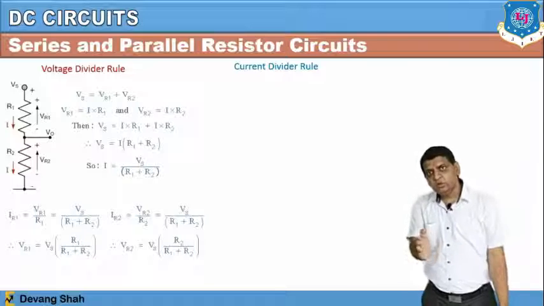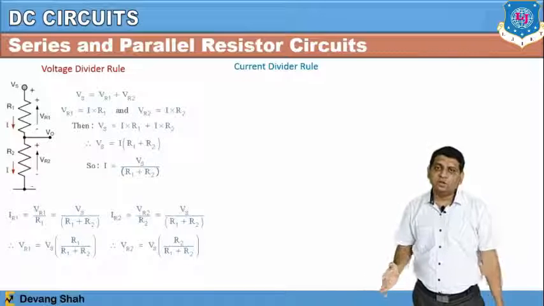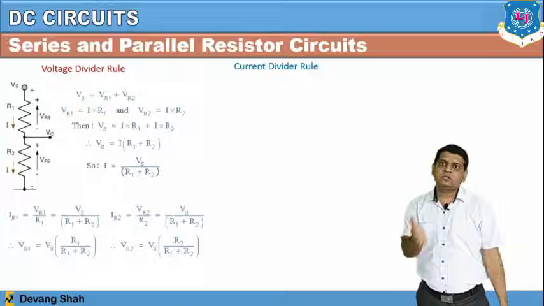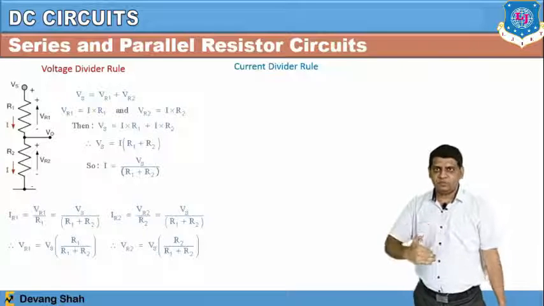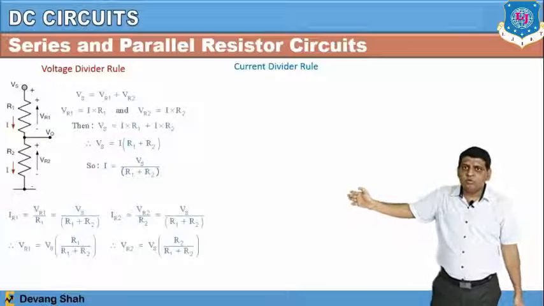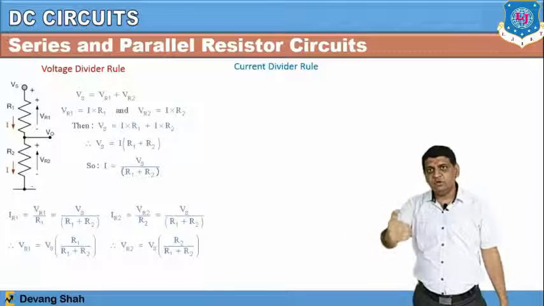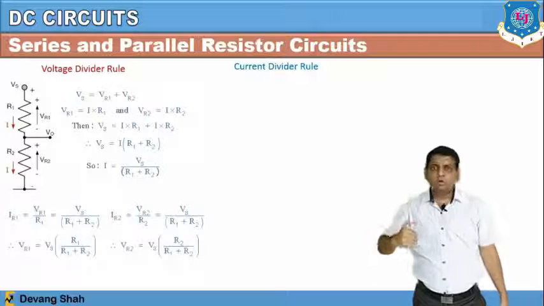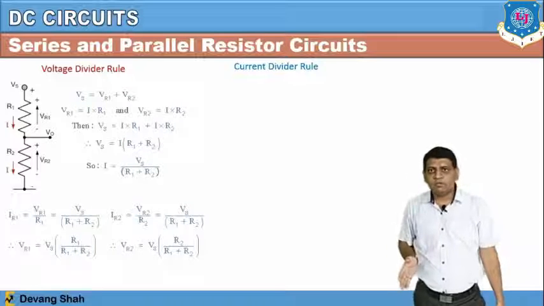So in the voltage divider rule, you can directly find the equation for how much the voltage is dropped across R1 as well as R2, right? Once you apply those equations, total V is equal to VR1 plus VR2, since the value of current is the same flowing through R1 and R2.